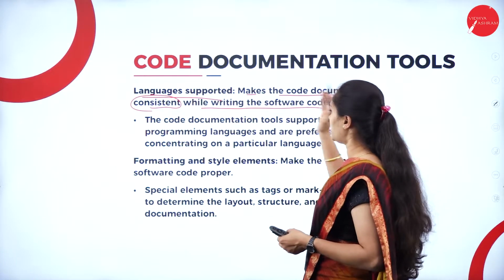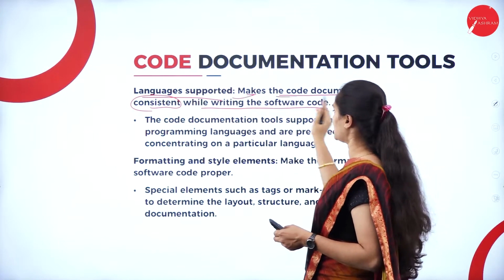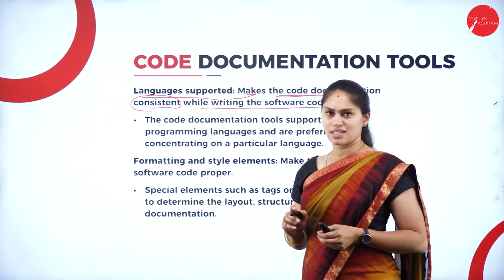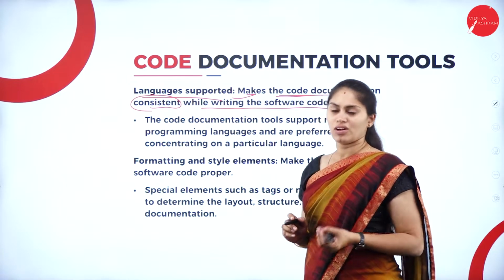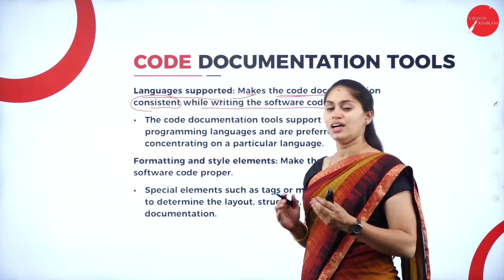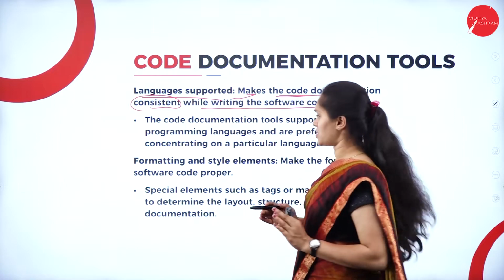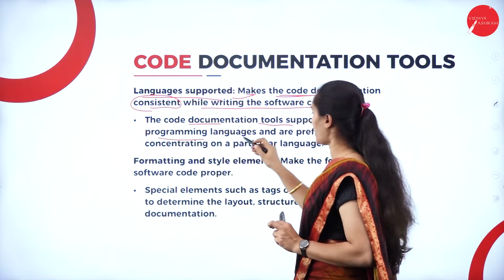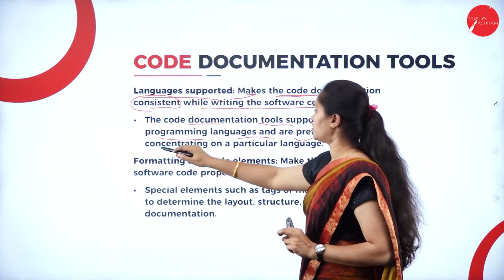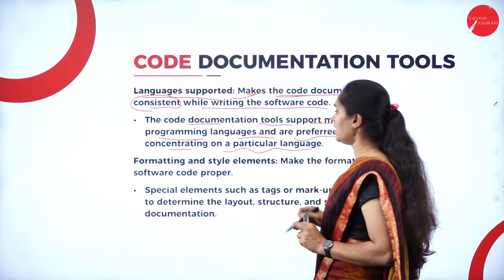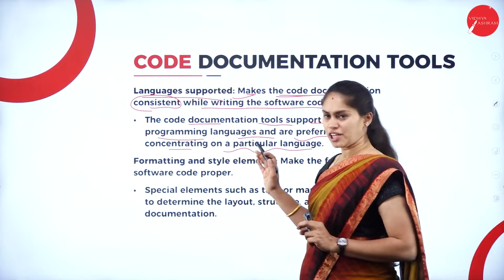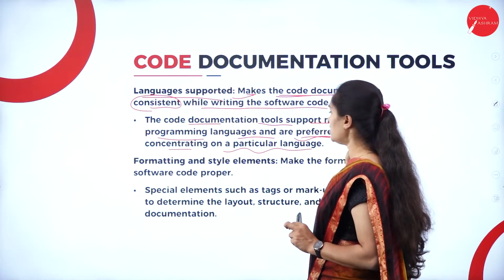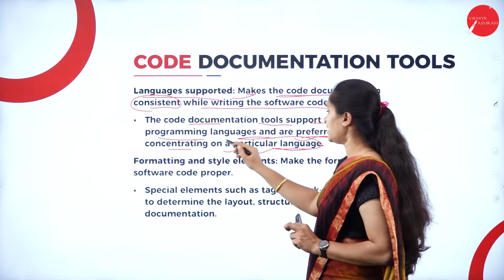So in order to make it consistent while writing the software code, it is necessary to have language support, or it should be independent of language, so that the code documentation tool supports multiple programming languages rather than concentrating on a particular language.